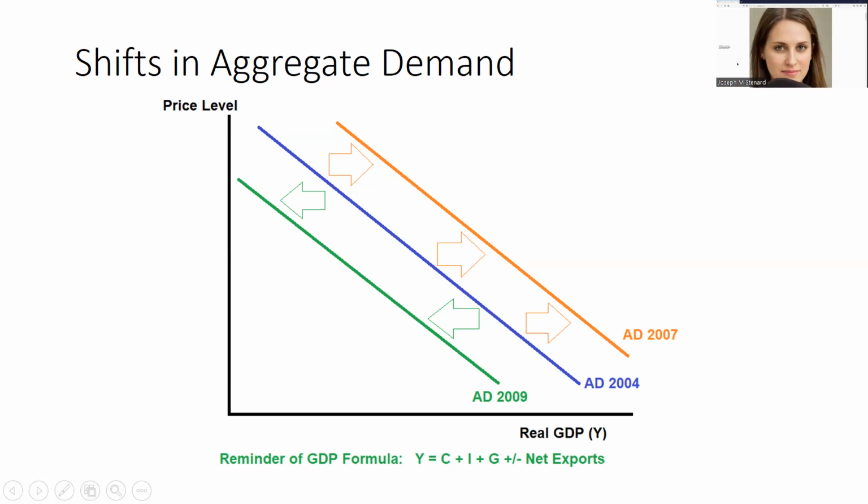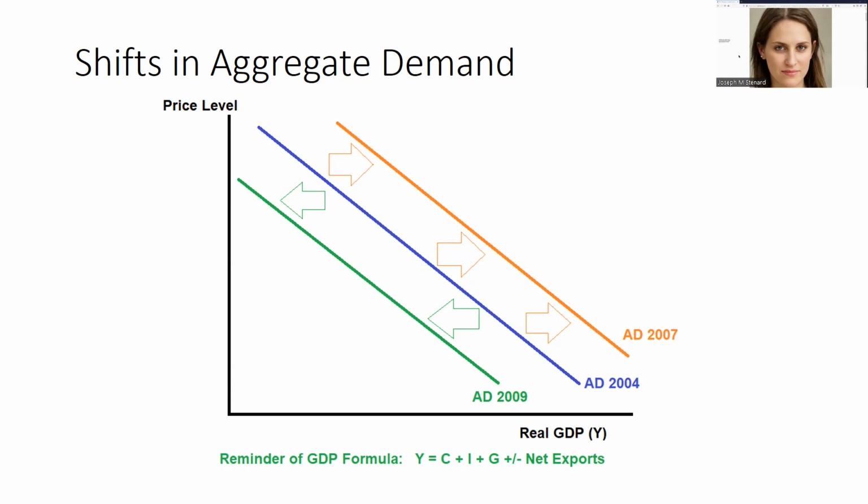Just a little reminder that the gross domestic product is made up of, for the year, consumption, investment by businesses, government spending, and then the plus or minus, you add exports and subtract imports.